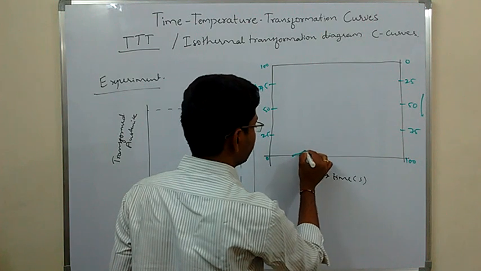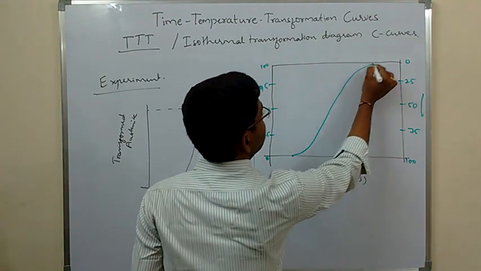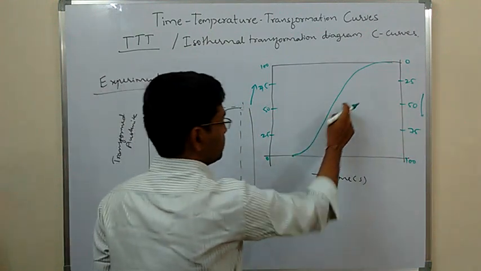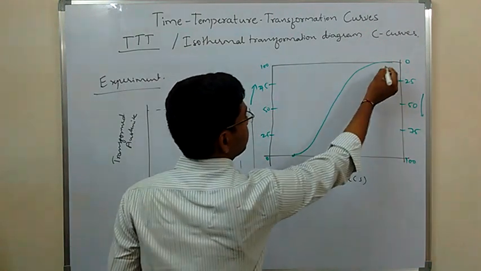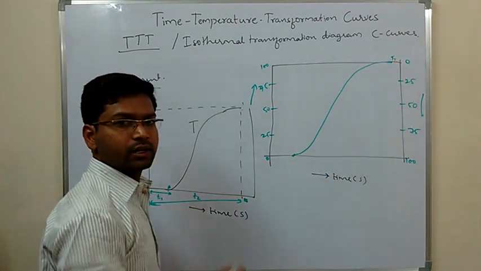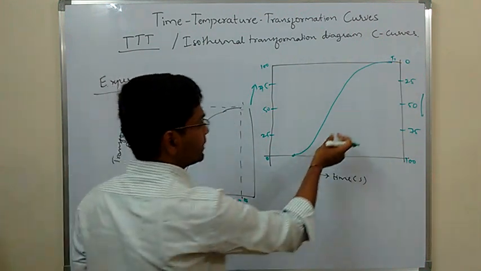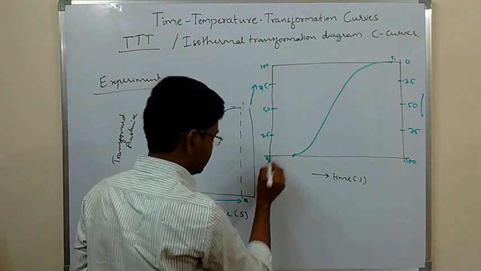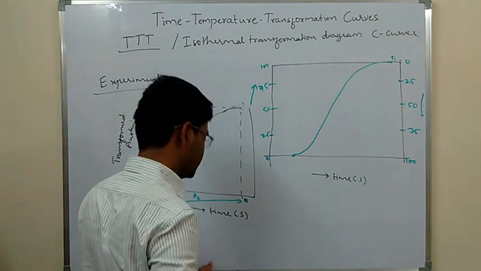At temperature T1, we will get somewhat a transformation curve like this, and again at temperature T2 the curve shifts towards the left side. So here it starts from this point.